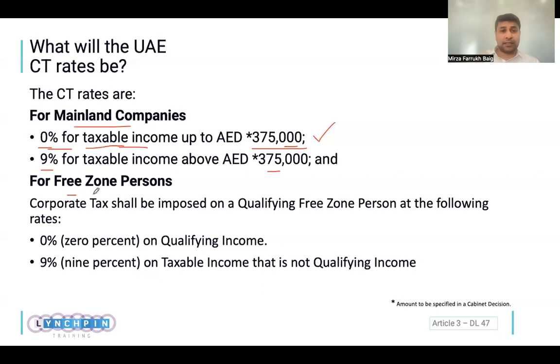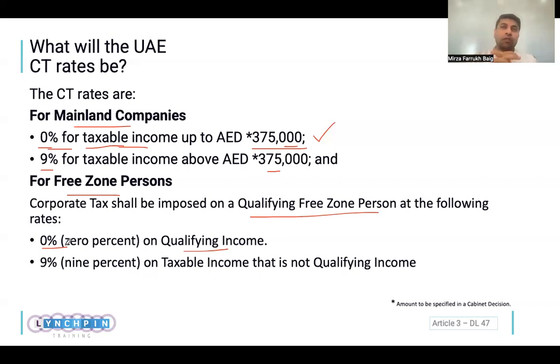For free zone entities, if you are a qualifying free zone person, we have certain conditions, and the main condition is that you are maintaining the substance in the free zone. In that case, on your qualifying income, the tax would be 0%. Now, up till now, we have not been given clarification on the qualifying income.